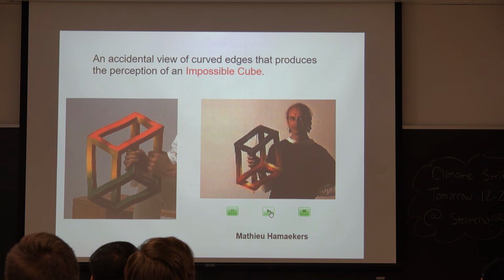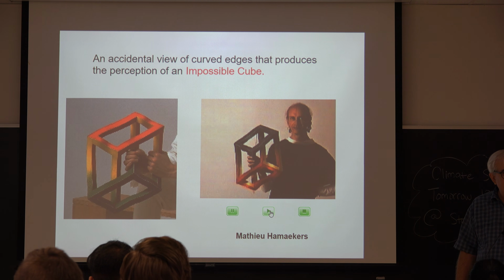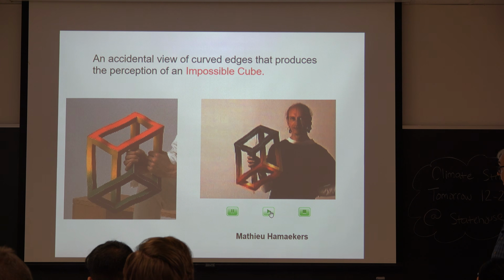So even now that you know what it is, you can't see it that way. Because you have all these straight lines in the image, and your brain is saying, I will not entertain the possibility that they might be curved. That's just not allowed.